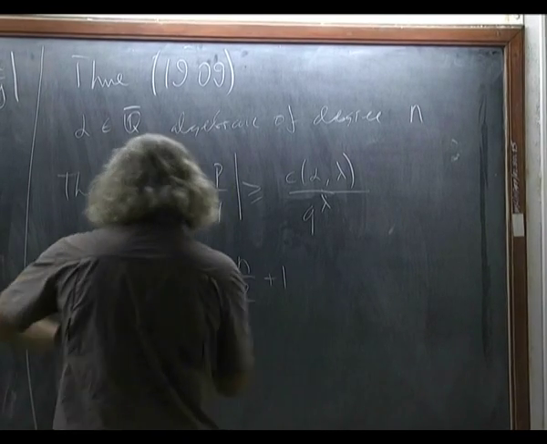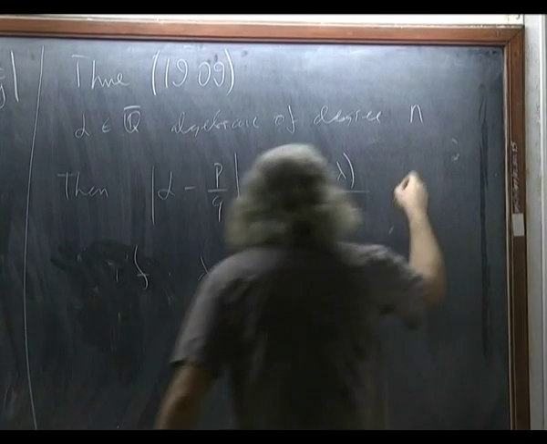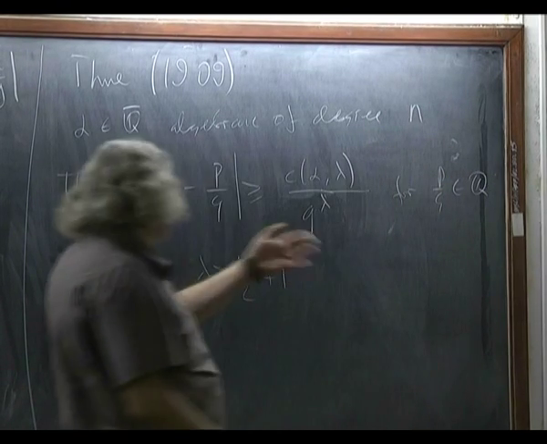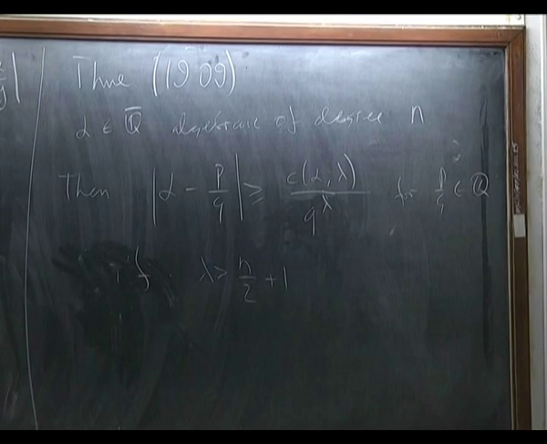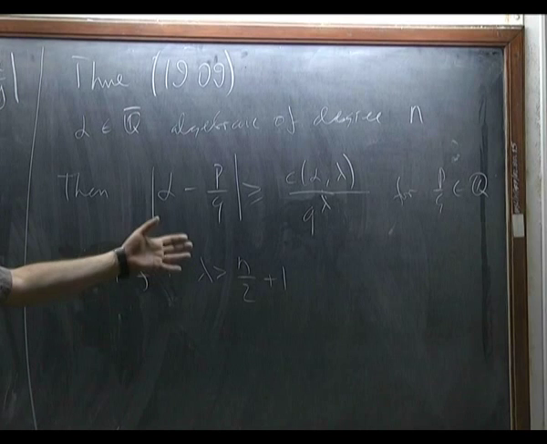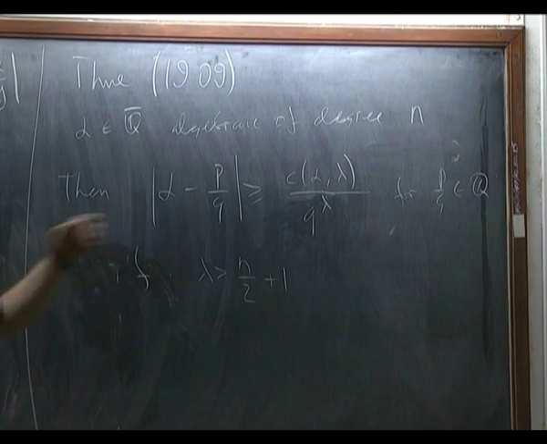For any p over q, if lambda is bigger than n over 2 plus 1. So one can refine the theorem of Liouville by any exponent bigger than n over 2 plus 1.